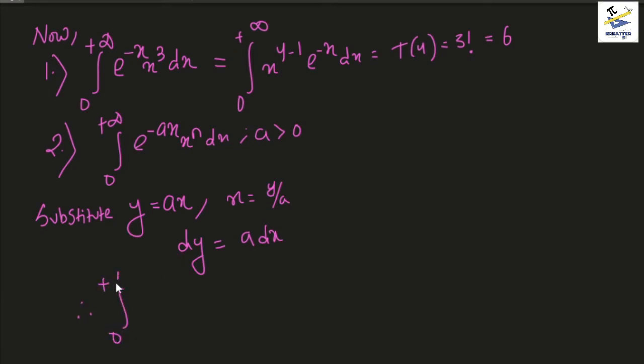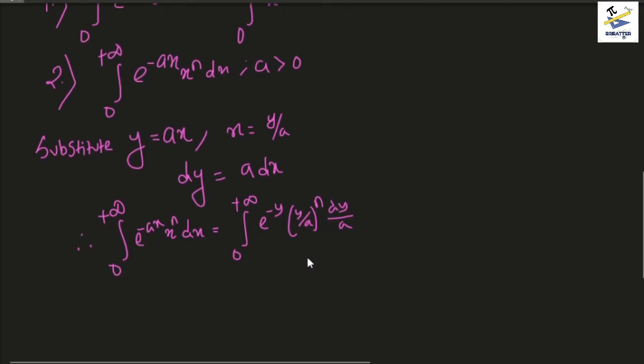The integral from 0 to positive infinity of e to the power minus ax into x to the power n dx would be equal to the integral from 0 to positive infinity, and this e to the power minus ax would become e to the power minus y, x would become y by a whole to the power n, and dx would become dy by a.